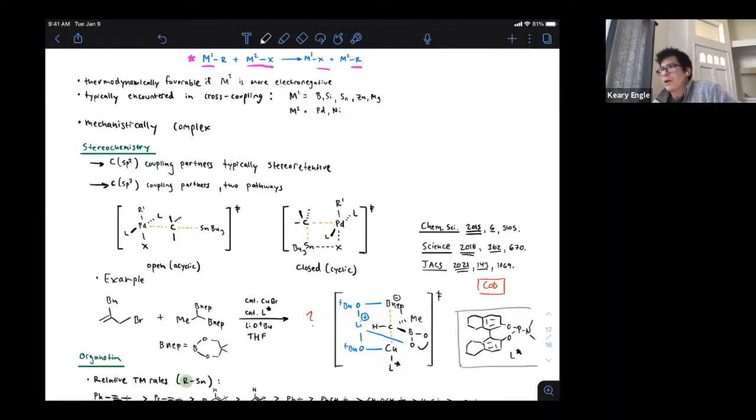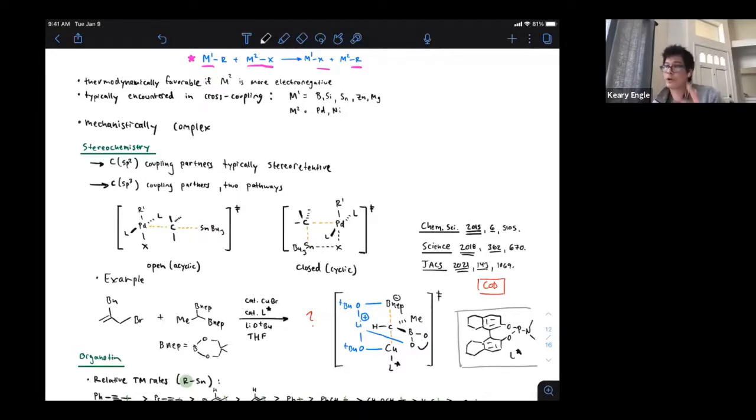About the stereochemistry of transmetallation. And so the reason this has become an important area of study is now it's relatively straightforward to access enantioenriched chiral secondary alkyl boron compounds, for example.